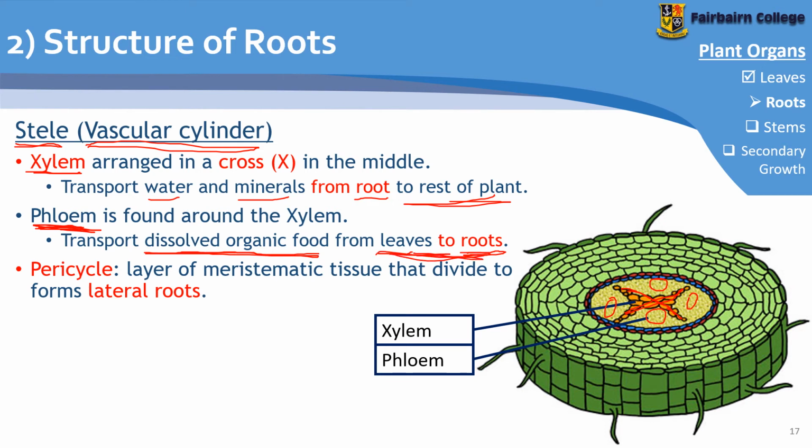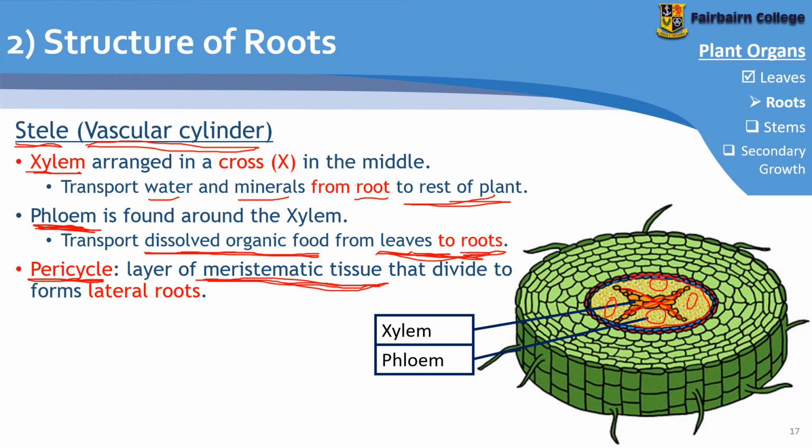And then the last part of the vascular cylinder, just inside of the endodermis, is a layer called the pericycle. The pericycle is made up of meristematic tissue. Now, if you forgot what meristematic tissue is, then I suggest you quickly recap in the plant tissue video or in your plant tissue notes.